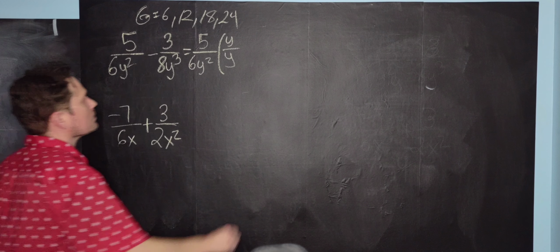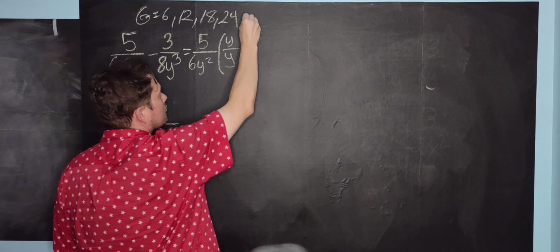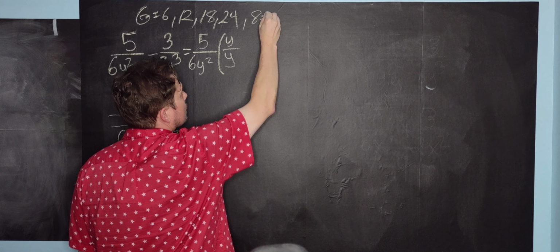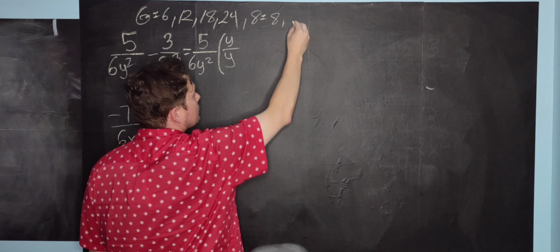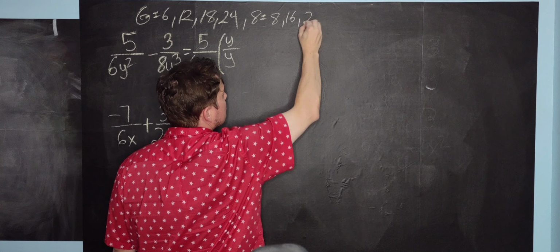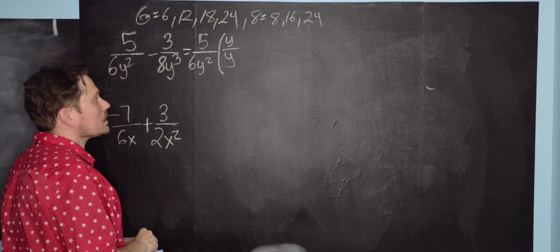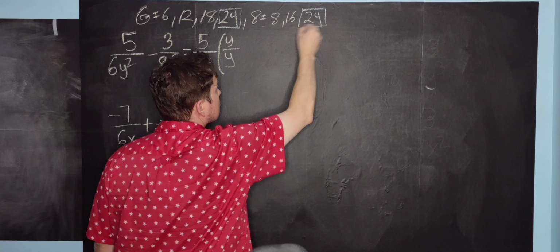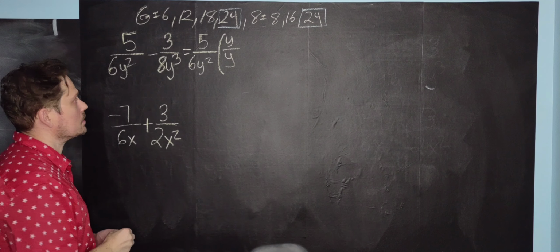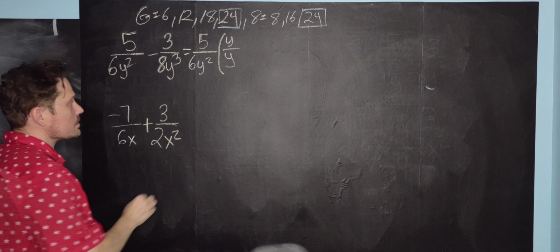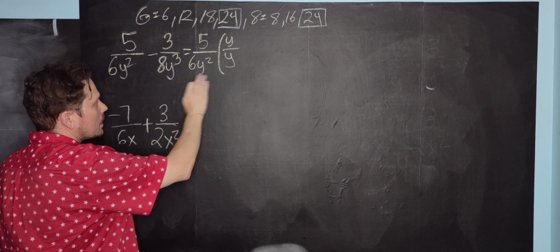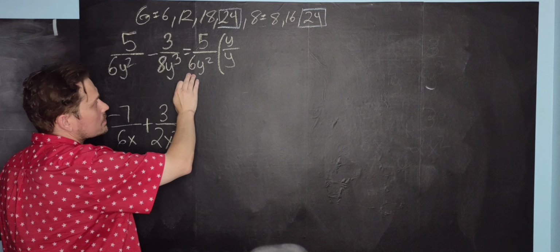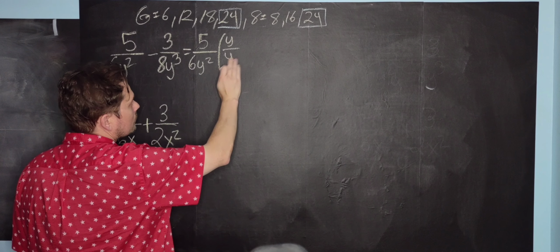All right, now look at the multiples of 8. 8 times 1 is 8, 8 times 2 is 16, 8 times 3 is 24. You want to stop here when you observe that this is 24, this is also 24. Those two values match. So besides just multiplying this by y over y, you have to make the 6 into 24 by multiplying also by 4.